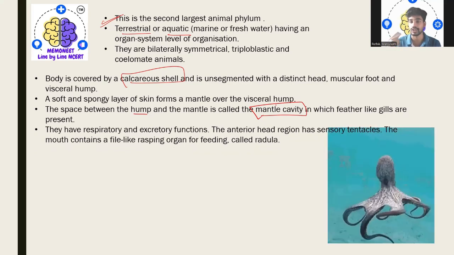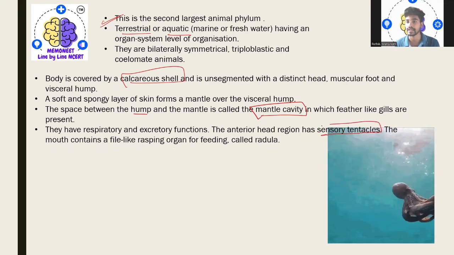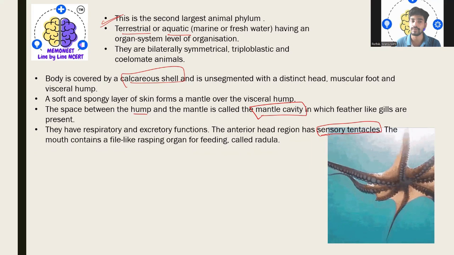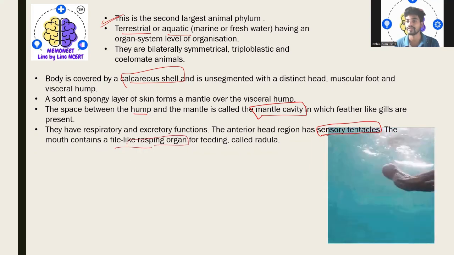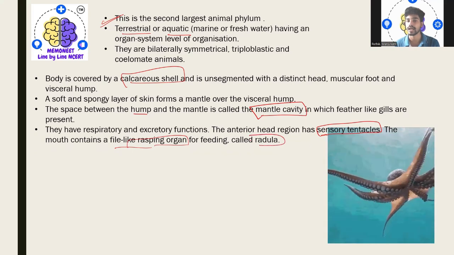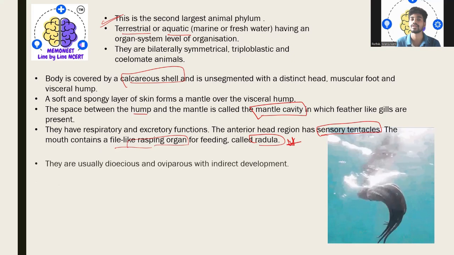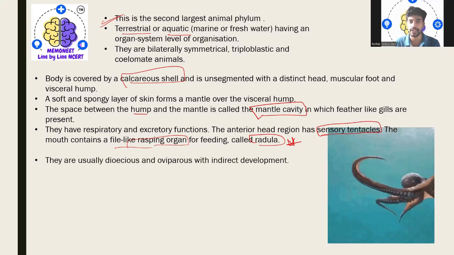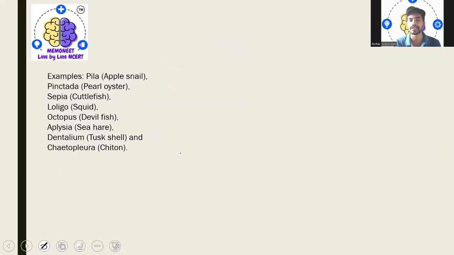That means in the anterior part of the head region, sensory tentacles are present. And the mouth contains a finger-like rasping organ for feeding called the radula. Very important. They're usually dioecious and oviparous with indirect development. And these are the examples.